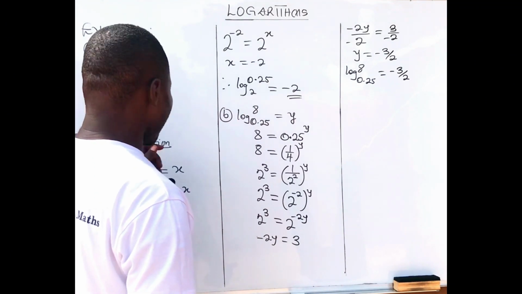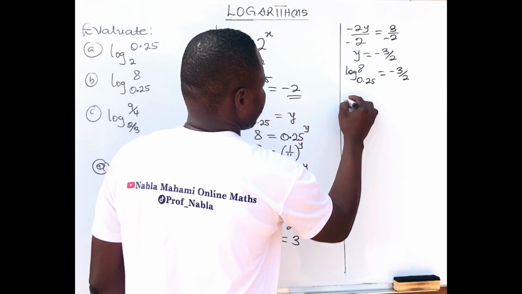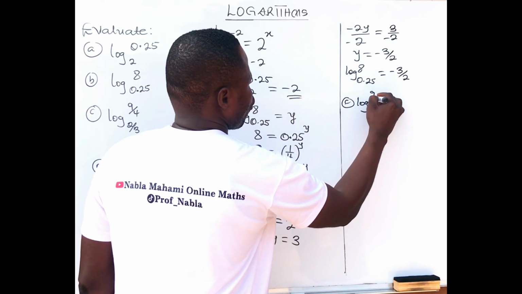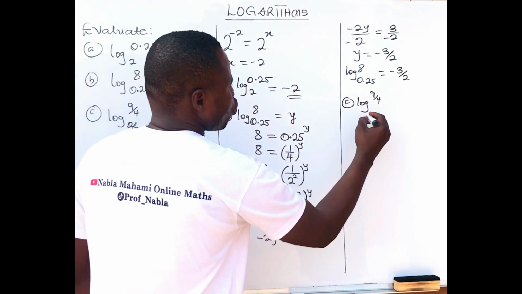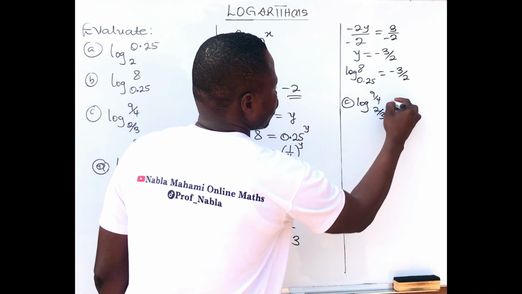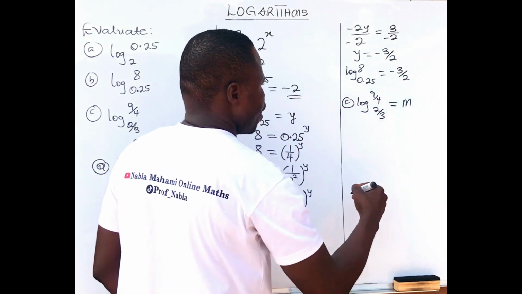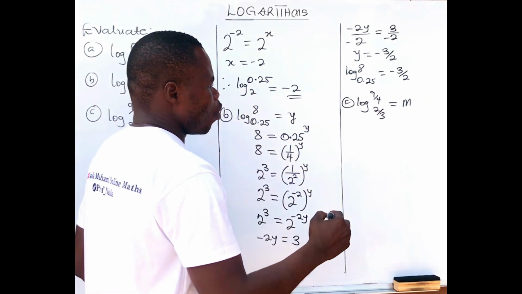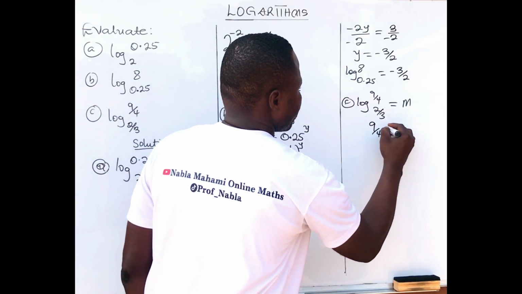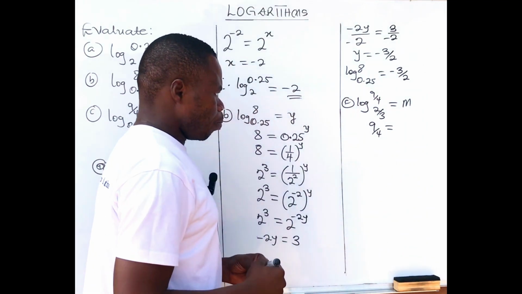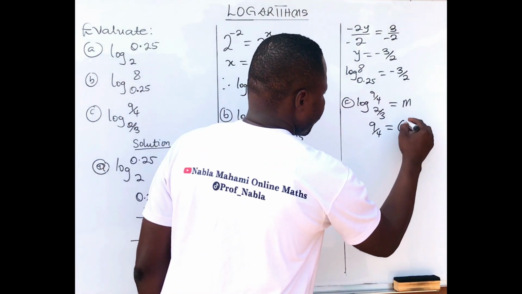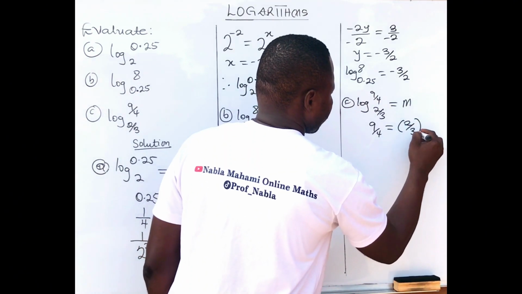I will now take the last one, which is C. I have log of 9 over 4, and the base is 2 over 3. And this should be equal to a variable. Let's call it m. Taking the log away, 9 over 4 will come down, and this base, 2 over 3, will switch to the right-hand side, and m will now be the index of that.